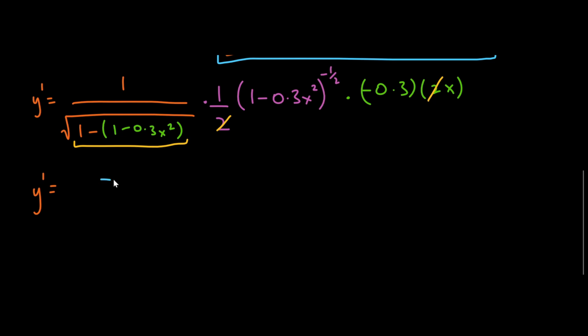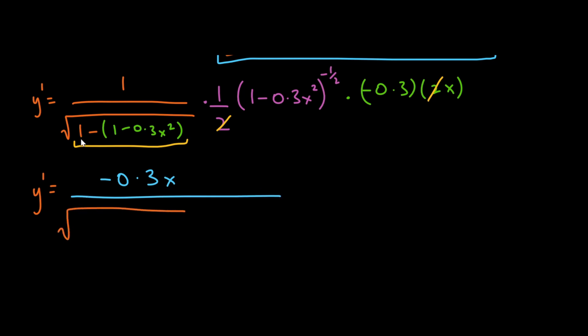I'll write negative 0.3 x, the x is still here, over the square root of, now it's 1 minus 1, which is 0, but this minus is getting multiplied with this negative term, and so that becomes 0.3 x squared becomes positive. I'll make this square root smaller. And then we have this purple term.